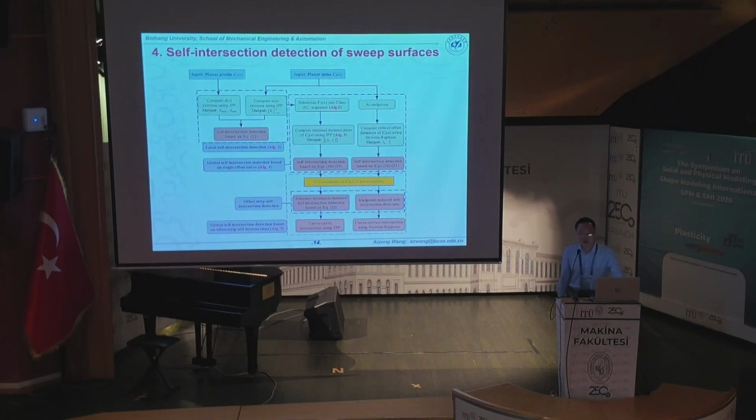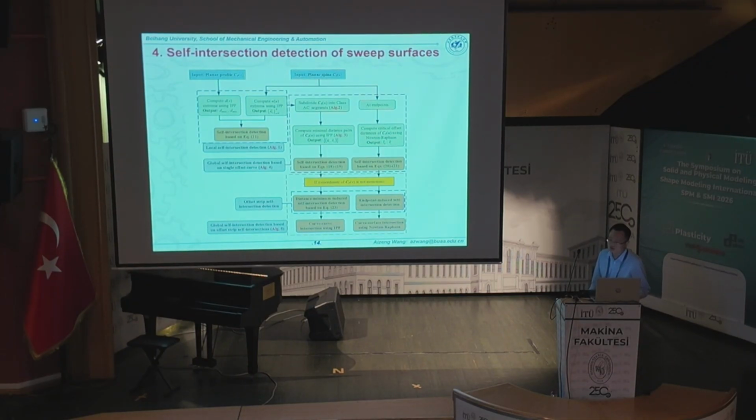Based on the above analysis, we present the main result of our work, the algorithm framework for self-intersection detection of sweep surfaces. The algorithm shows remarkable effectiveness in addressing local self-intersections, global self-intersections introduced by a single offset curve, and global self-intersections caused by offset strips.